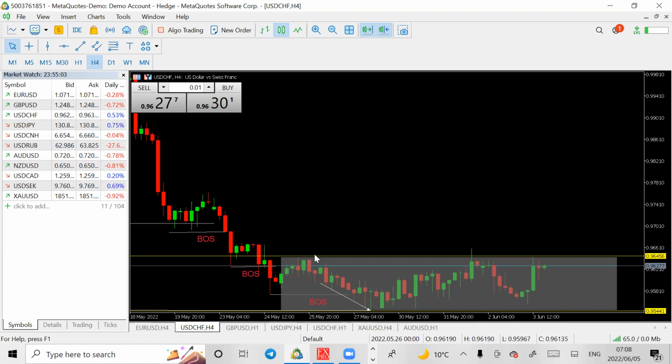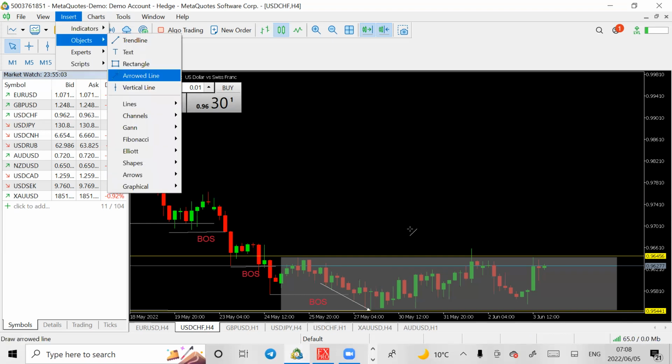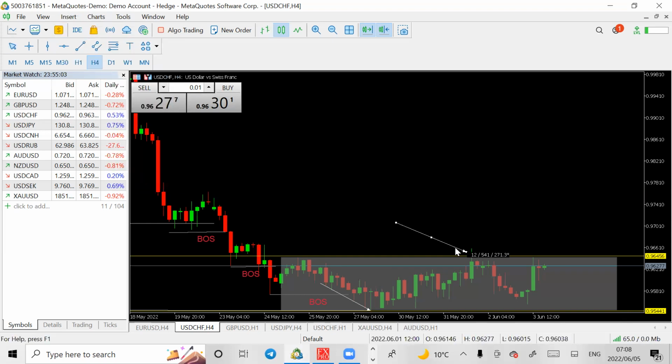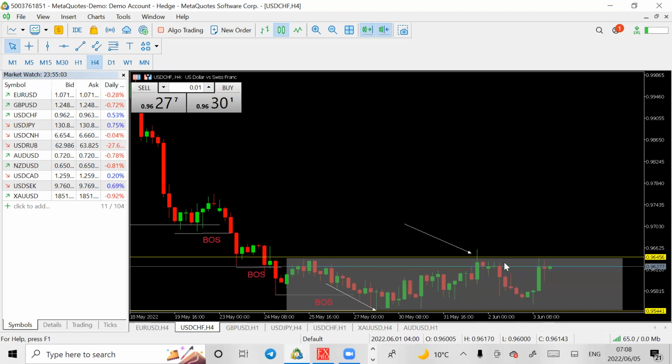In consolidation, you can tell price is buying low on the support, and selling on the resistance, repeating the same thing. So the market failed to break below the support and also failed to break the resistance. It was trapped in between. That's what we call the accumulation phase, the consolidation phase, the ranging phase. Three things mean one thing.